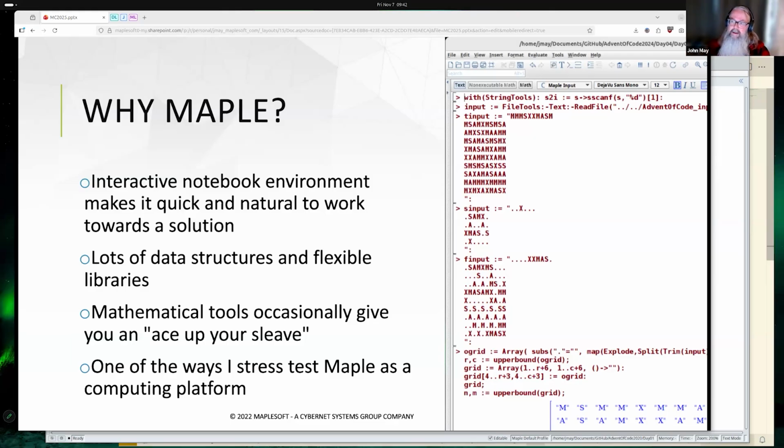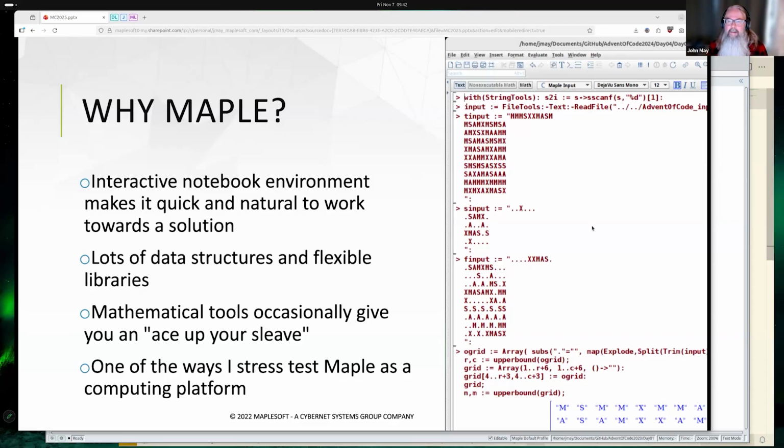So it forces me to work on different sorts of things and see how well Maple works for those things. These problems are fun, but it also gives me a way to use Maple in ways that I don't necessarily do all the time, so that I can discover places where it needs to be fixed or places where we can make it better.